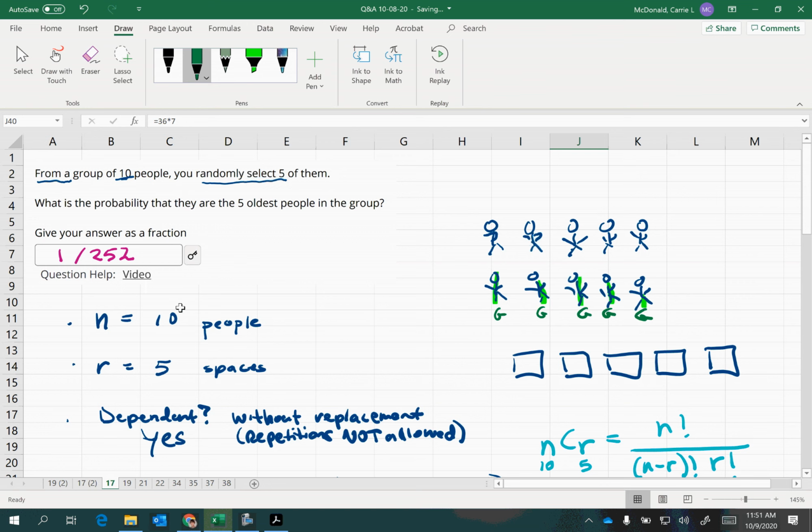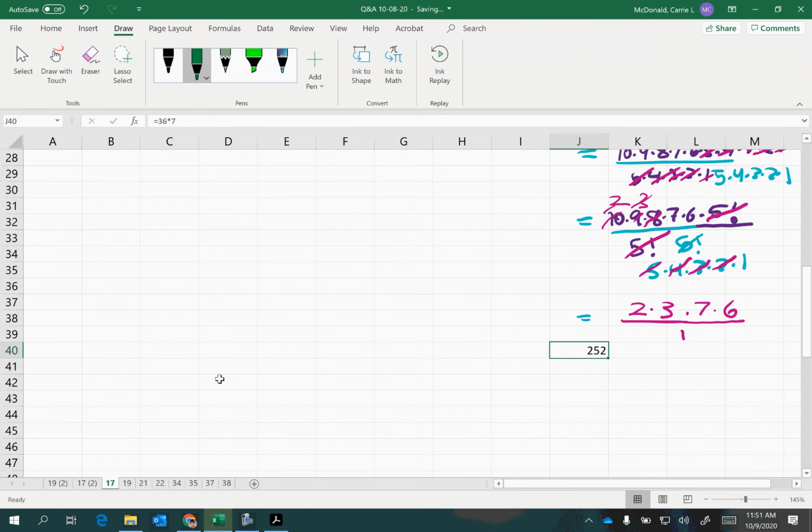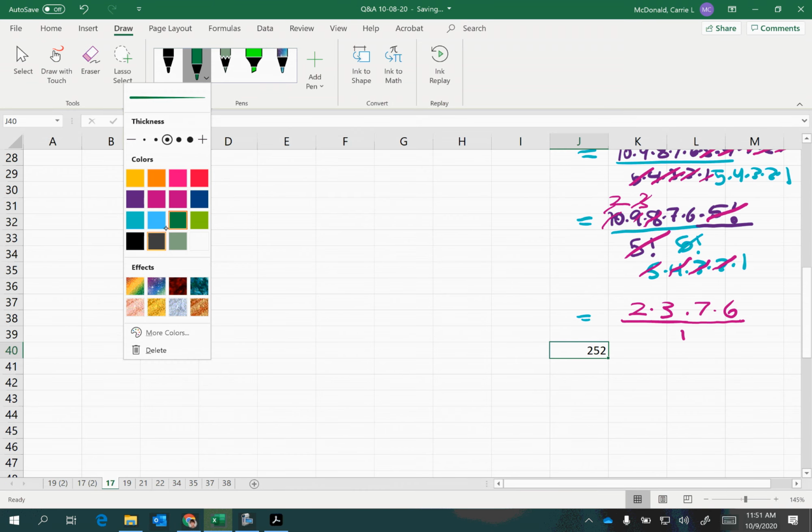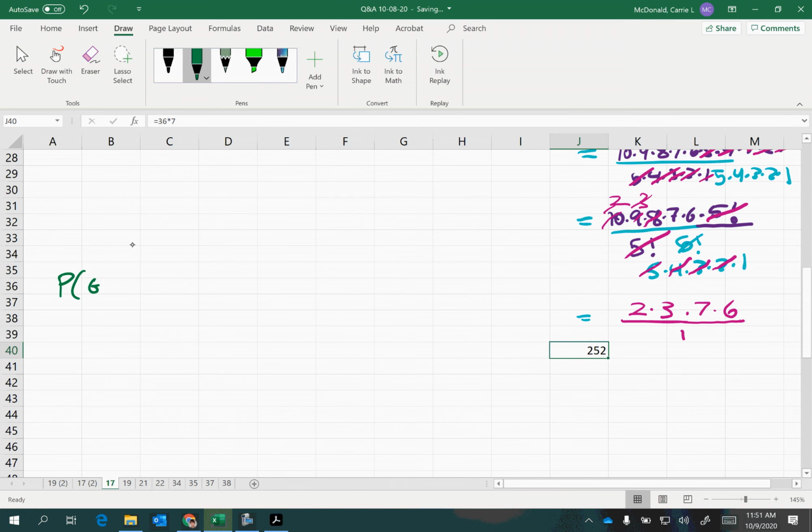So I could have phrased that as find the probability of one of the oldest people, and then the oldest, and then the oldest, and then one of the oldest, and so on. So I would be multiplying these probabilities, but since I'm doing it without replacement, I have to consider what happened on each previous selection.